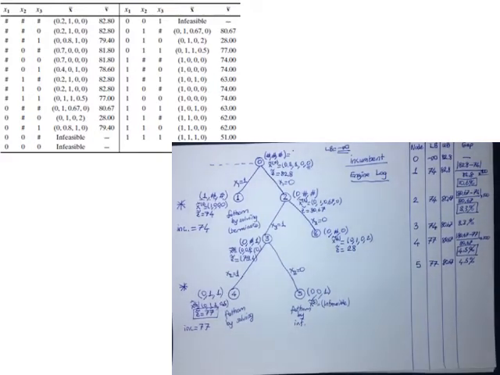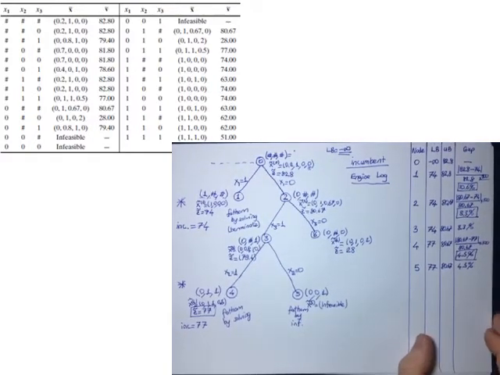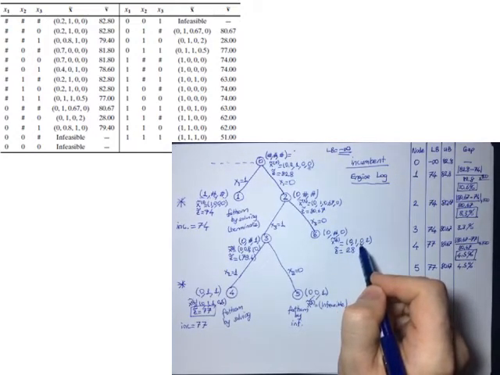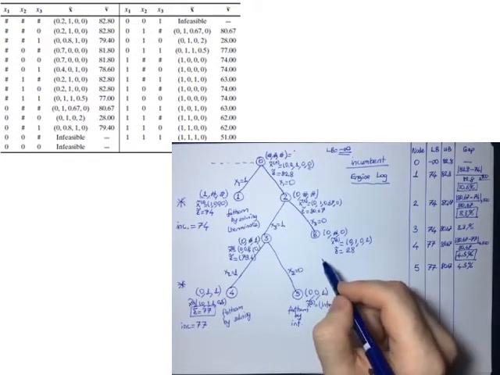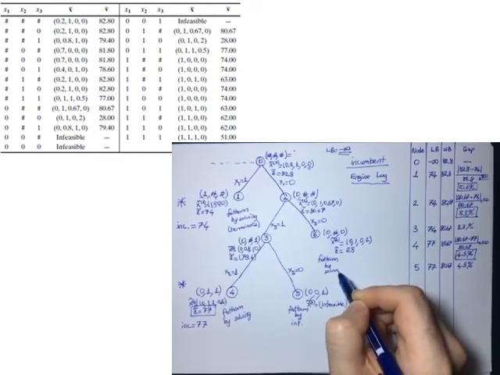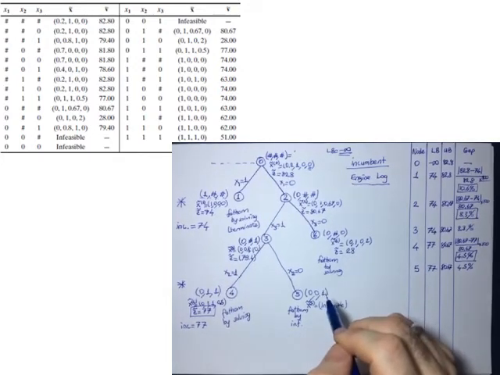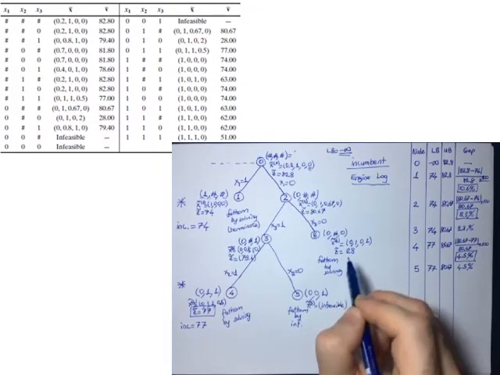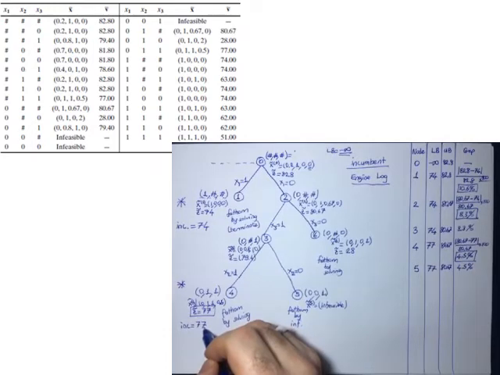Good. Now, what shall I do? All decision variable values are integers. It means that you have to fathom. And the reason for fathoming is, you can say by solving, since all of them are integers. But also, check this. Your objective value is 28 and your incumbent is 77.